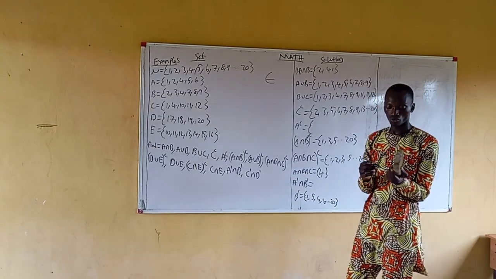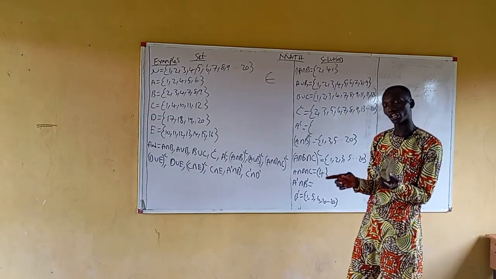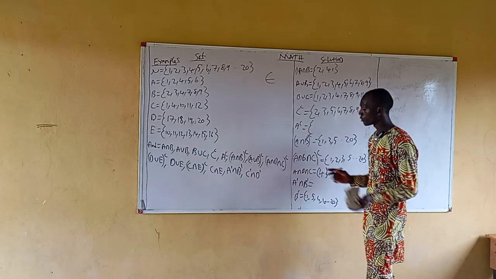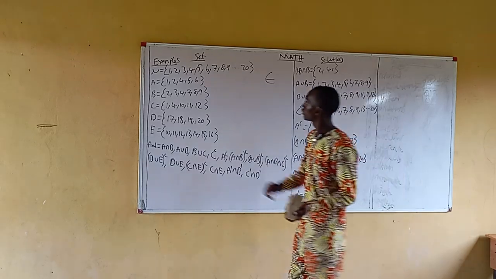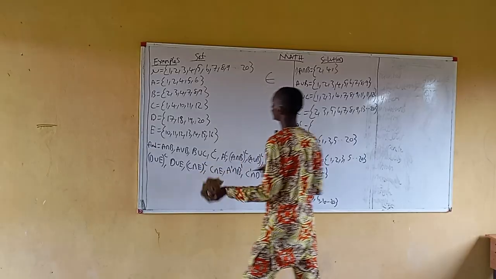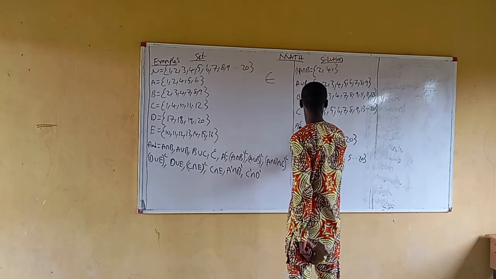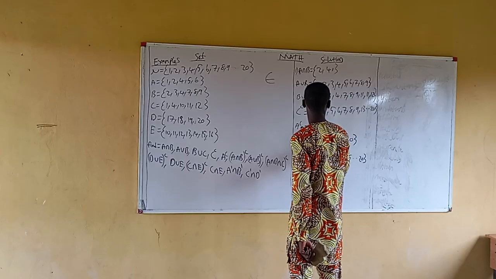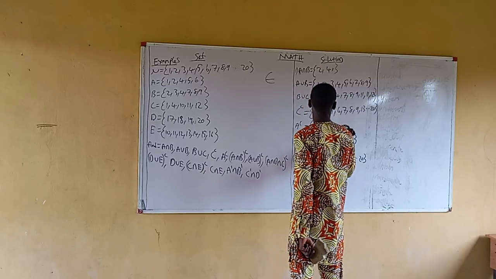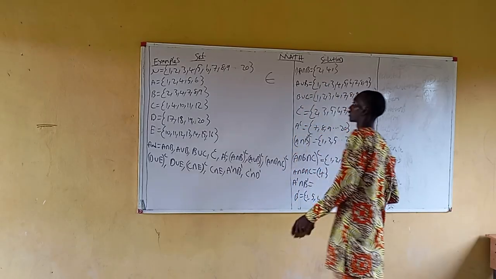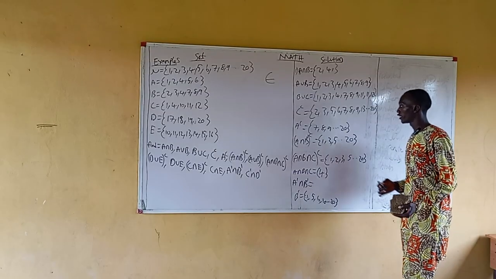Now A complement: look at the elements in A. We have 7, 8, 9 to 20 as our A complement.